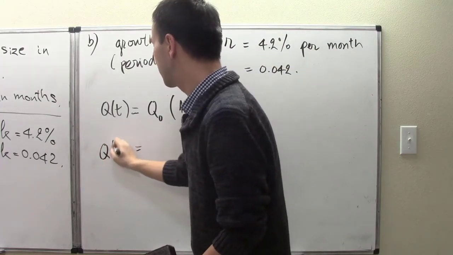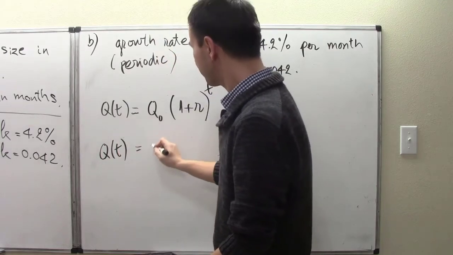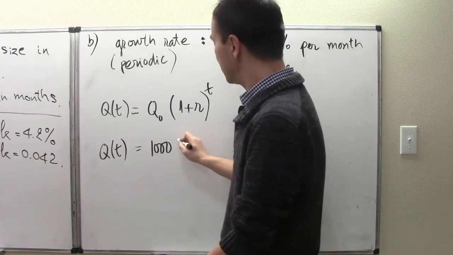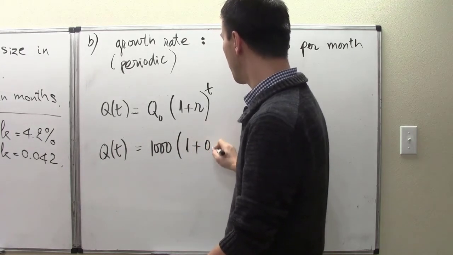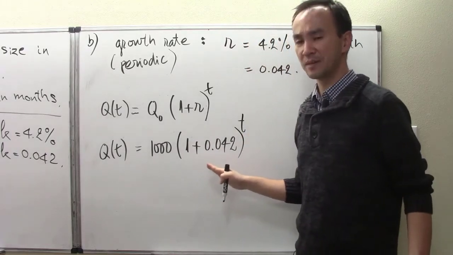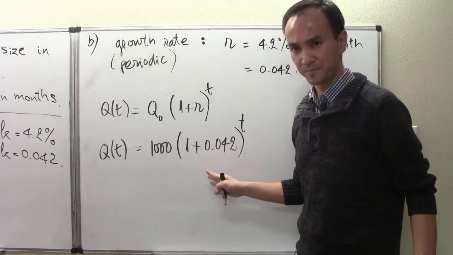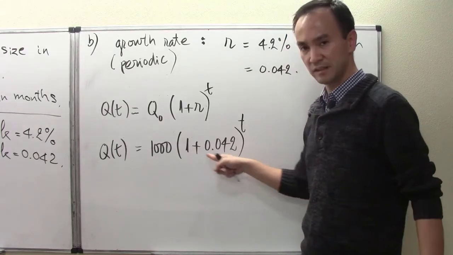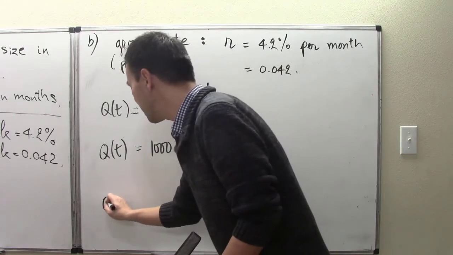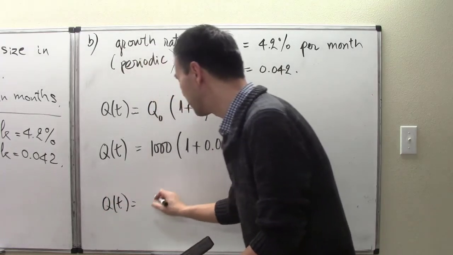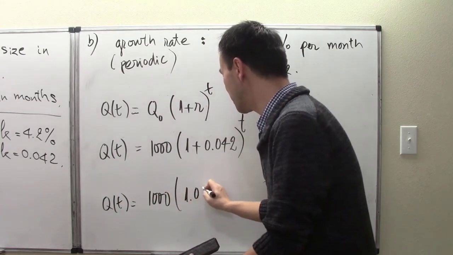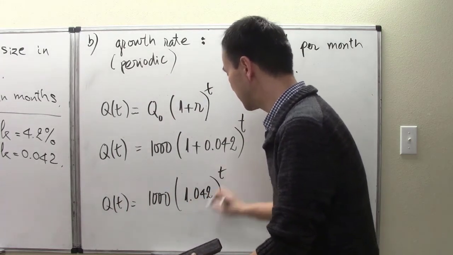So simply Q of t equals 1,000 as the initial amount, times 1 plus 0.042 to the t. Theoretically, we're done at this point, but it would be better to add this and come to a finalized version. So Q of t in the end is 1,000 times base 1.042 to the t.